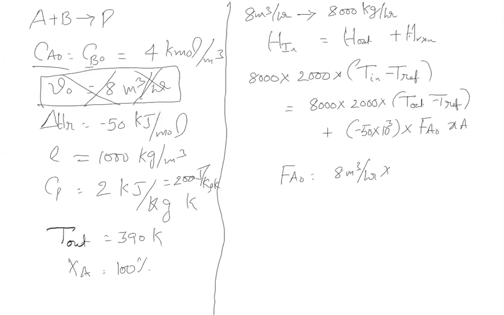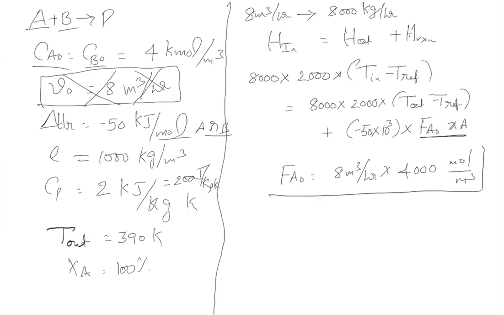This heat of reaction is whatever is given, which is with respect to A or B. It doesn't matter because moles of A reacted, moles of B reacted will be same. So here you can write with respect to only one of the reactants. You don't need to write for both, because if A reacted means B automatically gets reacted, no? So 4000 mole per meter cube. This is what is FA naught.